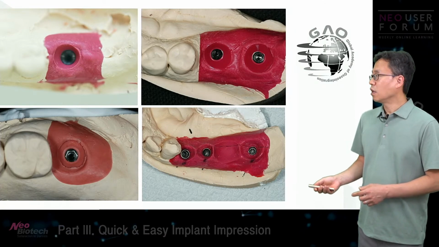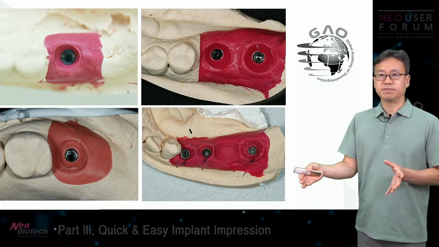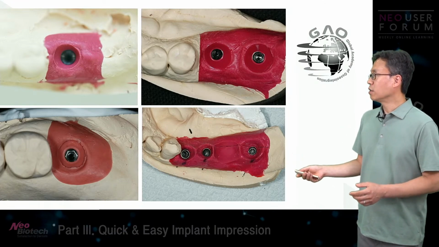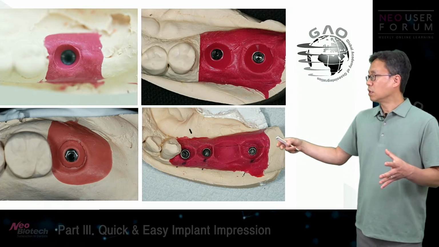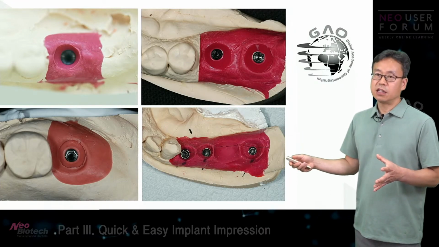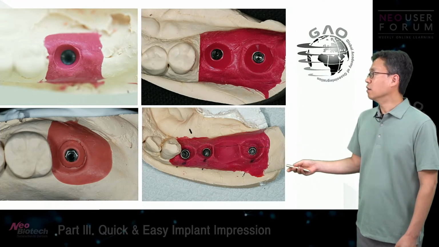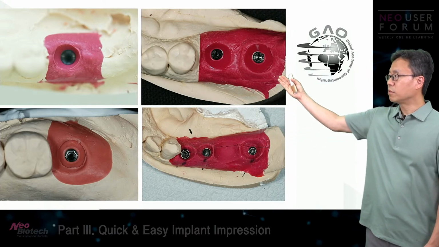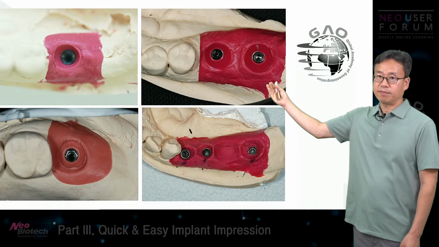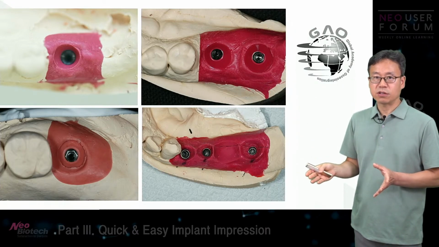So if we want to have a predictable prosthetic result, we want to take an impression with a properly contoured impression coping, and then try to get the shape of the sulcus right, close to what the patient actually has.